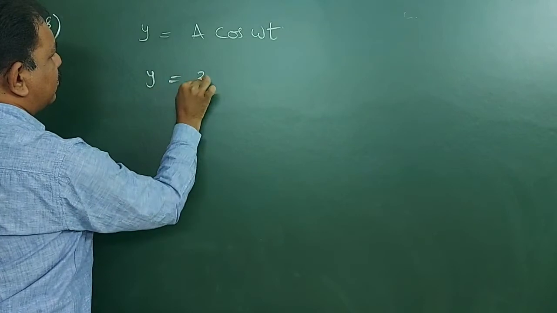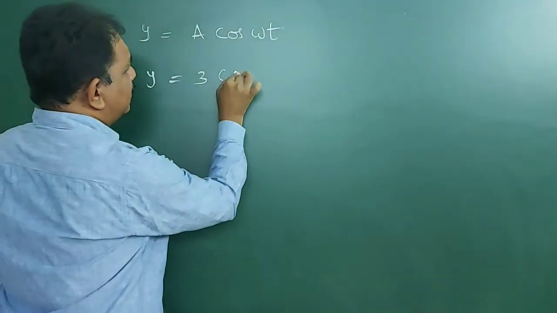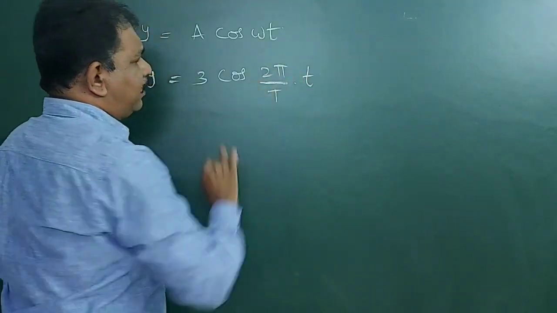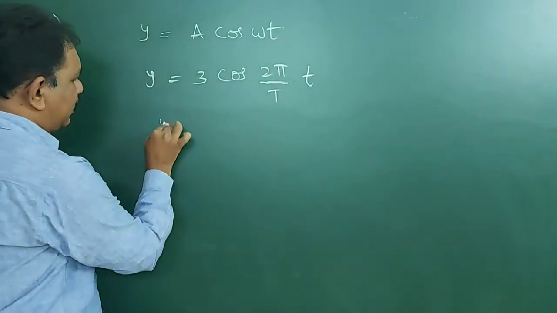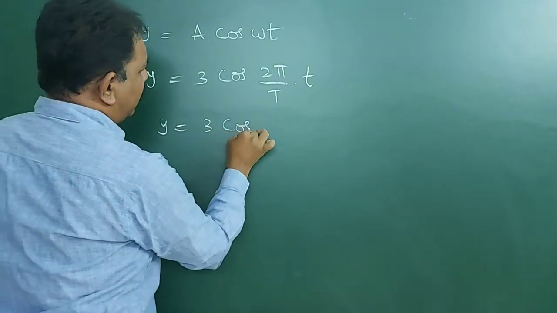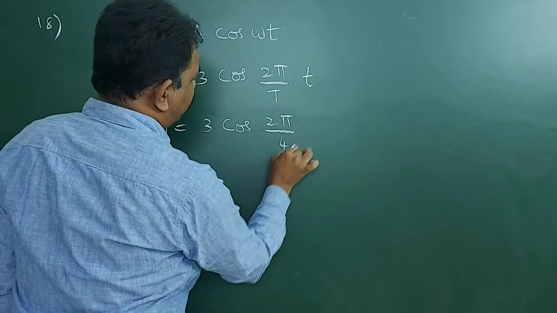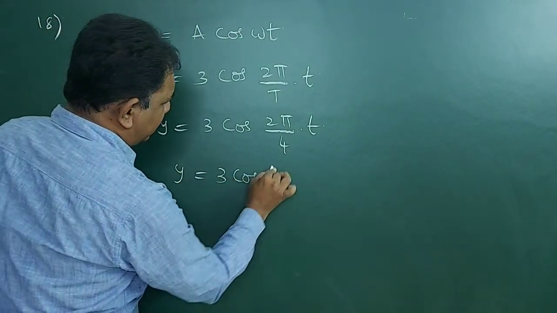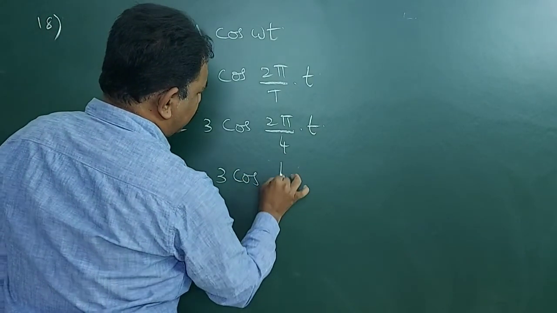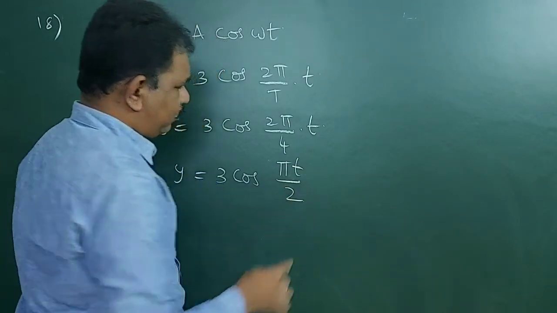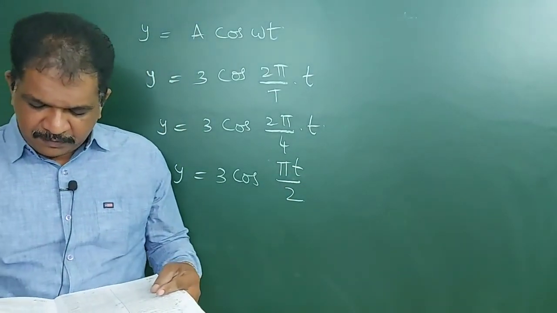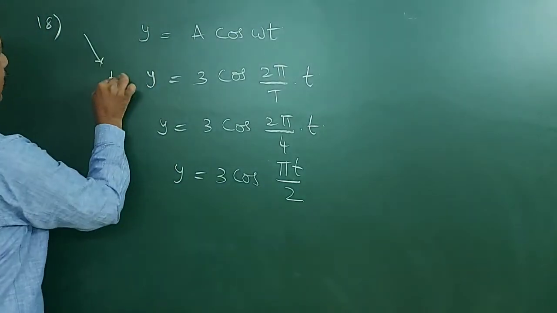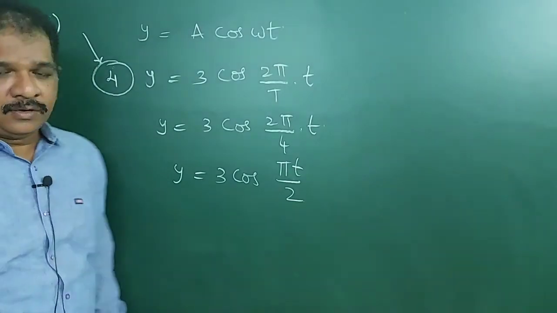Y is equal to, this will be radius, cos omega value will be 2 pi by capital T into small t. This value 2 pi by 4 into t. Y is equal to 3 cos pi t by 2. So which will be the correct option? Means fourth option. 18, it will be 4.